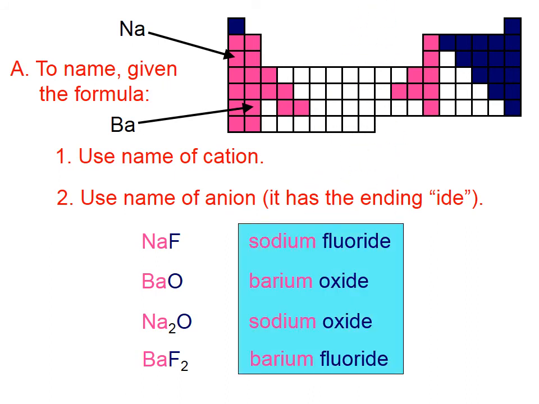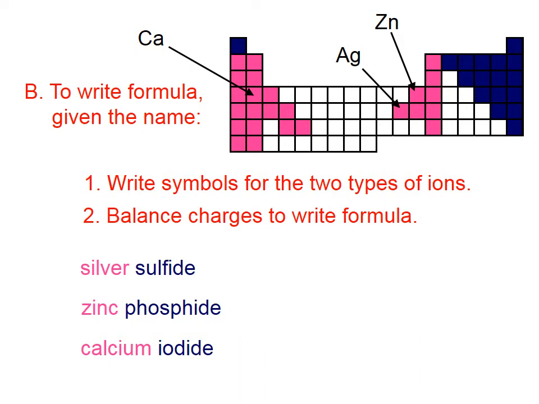Very straightforward. On the other hand, if we want to write the formula, given the name, we have to write, or at least think, the 2 symbols for the ions, and then we need to balance the charges. For example, silver sulfide, and again, I've located on this periodic table at the top the 3 cations that we're dealing with, silver, zinc, and cadmium, and you can see that they are all fixed charge cations.